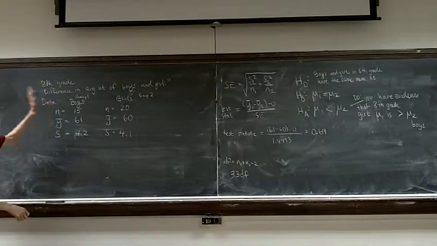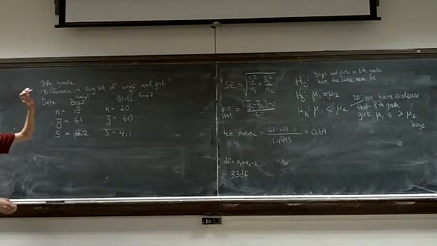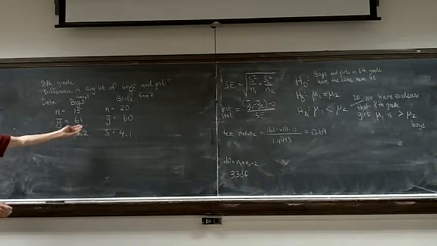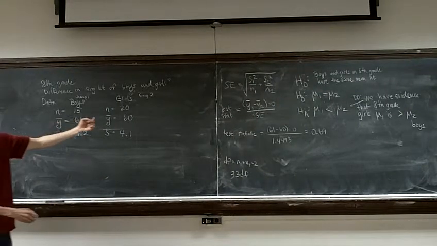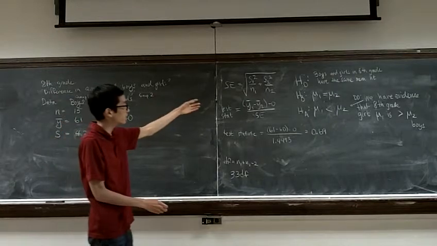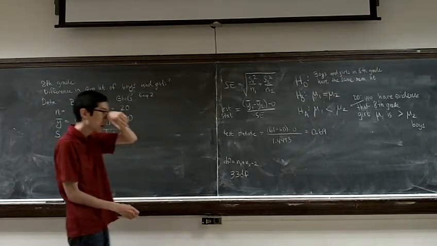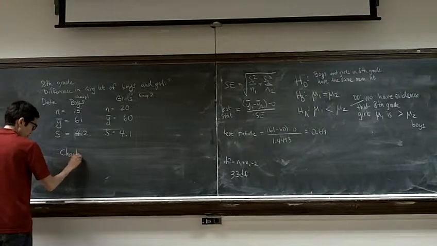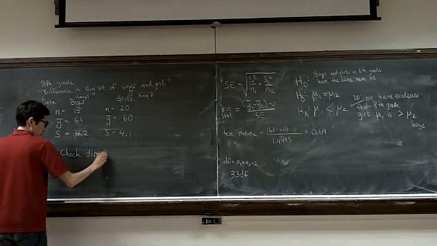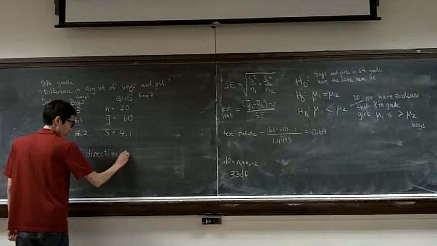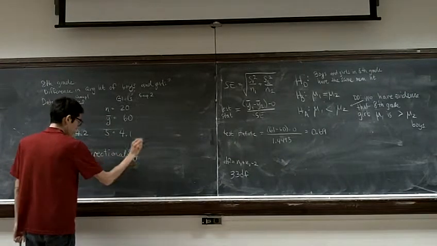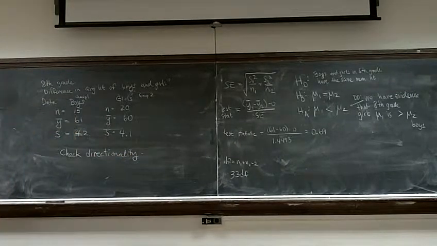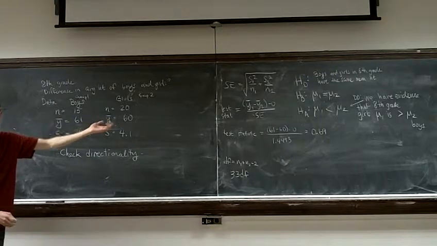We go and we gather our data. And this is what happens. Well, when we do our check for directionality, that just means, does our data even support this notion?